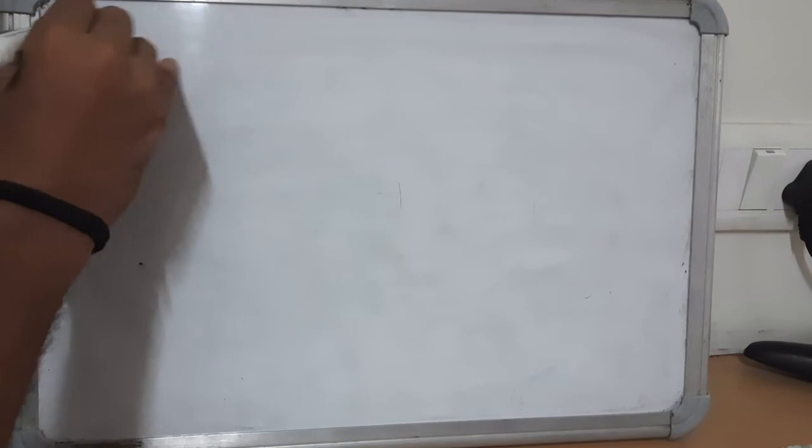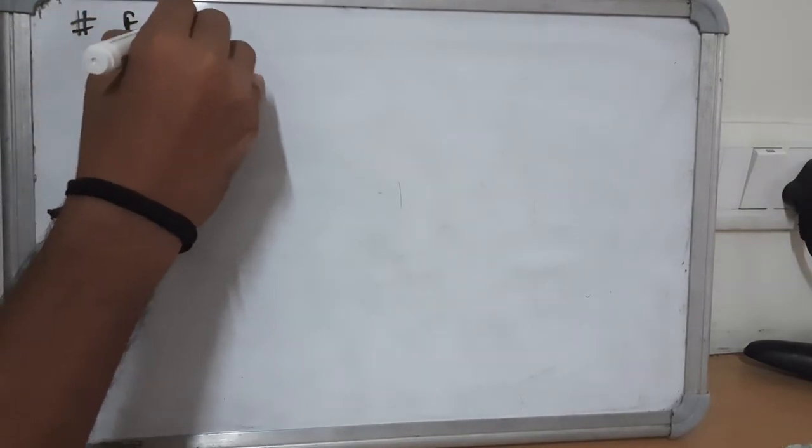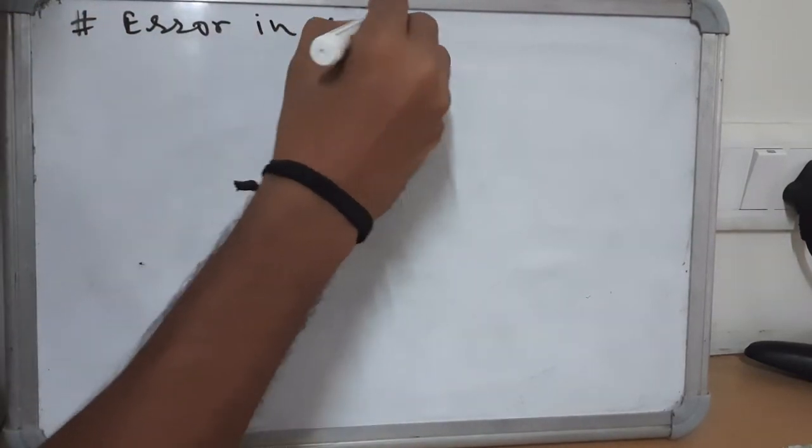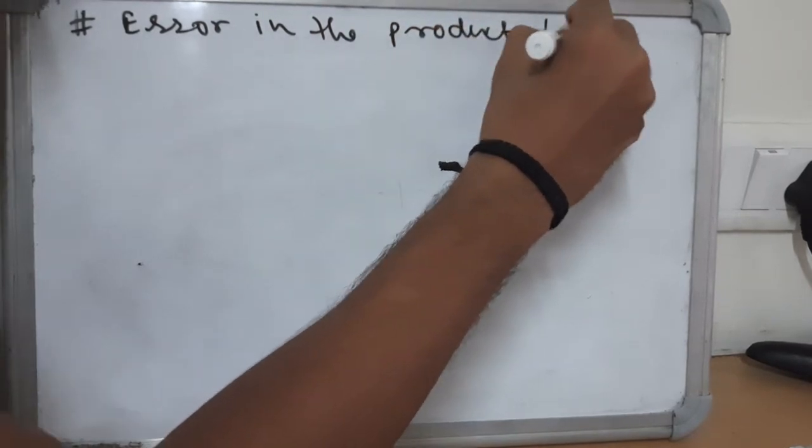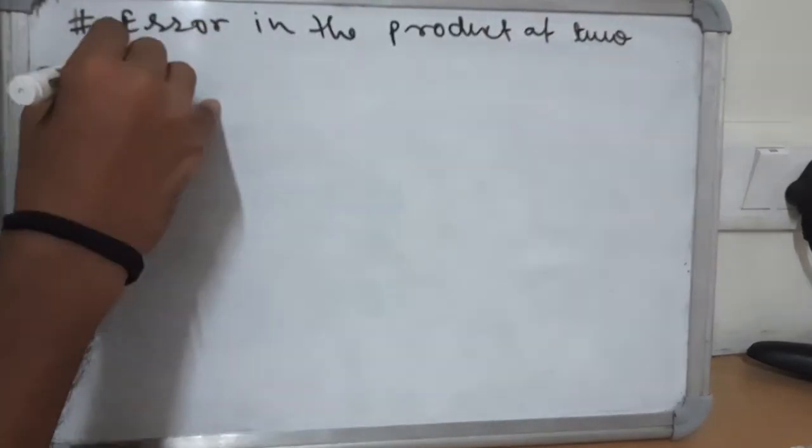Now we will discuss the error occurring in the product of any two quantities. Error in the product of two quantities.